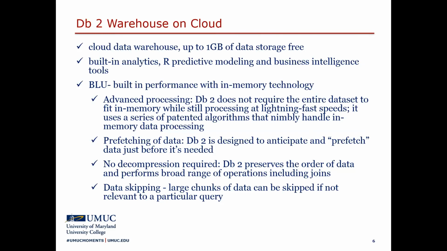Advanced processing does not require that the whole data set fit in memory, and still the processing can happen at very high speed. Also, no decompression is required, there is data skipping, and many other very interesting technological points from the point of view of computer architecture, which you can learn more about in related references.